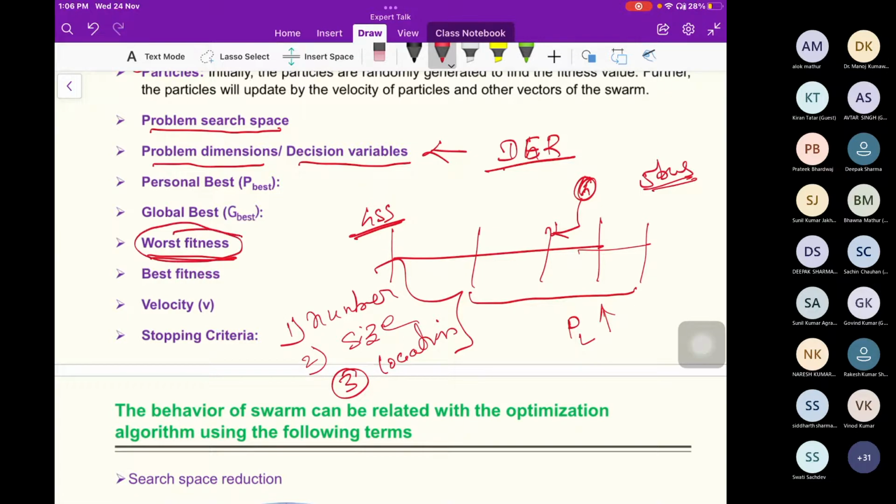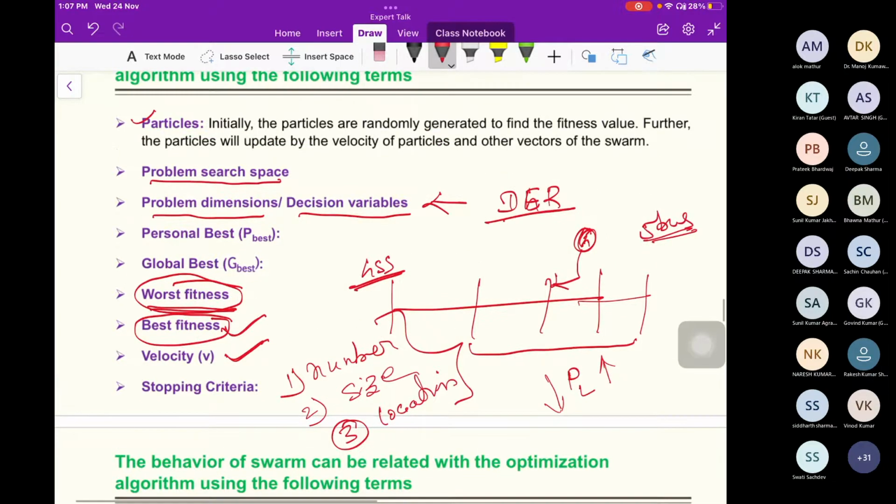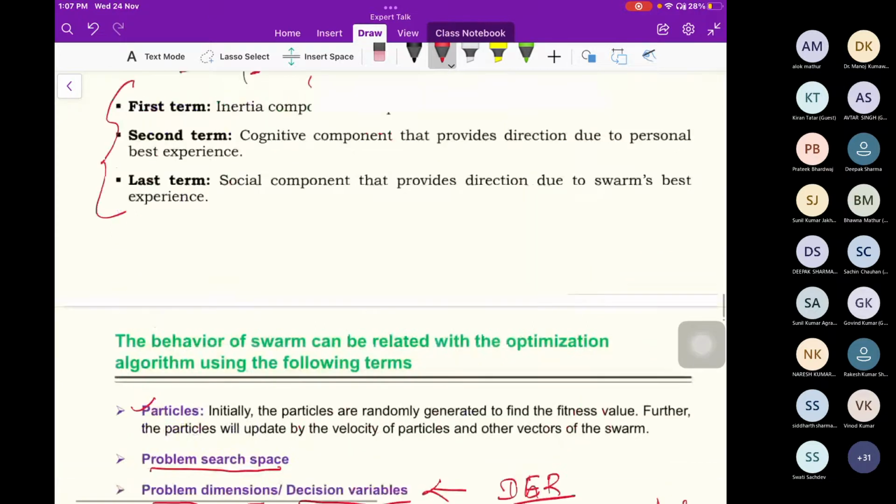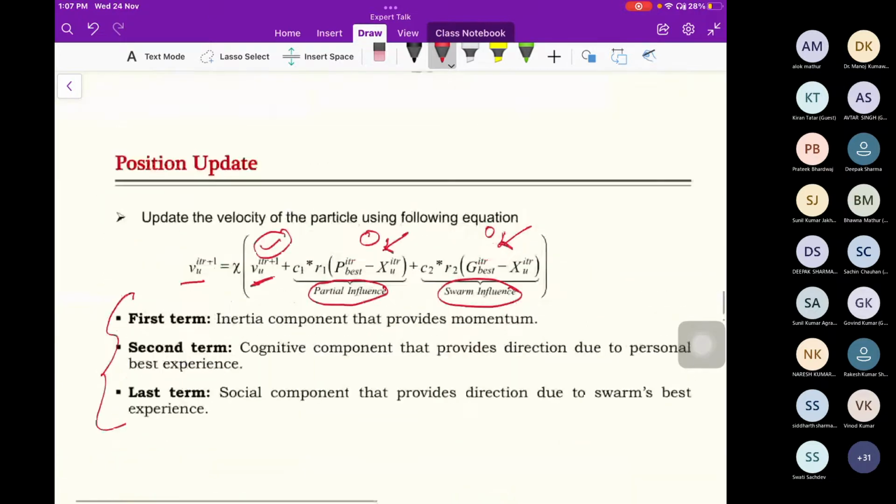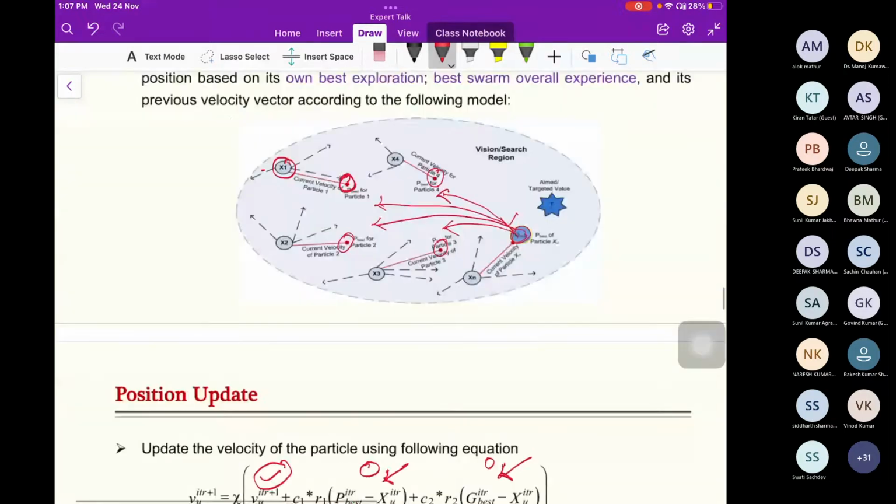The velocity, that means the particle is moving in this direction. Which velocity will be required, and this velocity we can update with the help of this equation. And the stopping criteria, when we define the stopping criteria, is in the form of the number of iterations, or in the form of technical parameters.